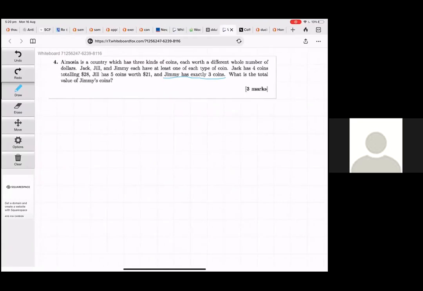So I'm going to just label these coins because I want to find out about them. If I call them X, Y, and Z, then what I'm looking for in my answer is the value X plus Y plus Z. And I've got a few restrictions on X, Y, and Z. So I know that X, Y, and Z are all different because the question says that they're all a different whole number of dollars.